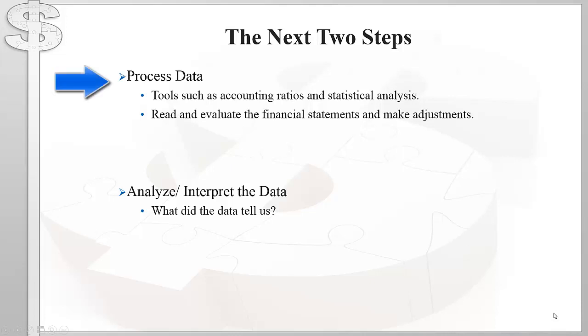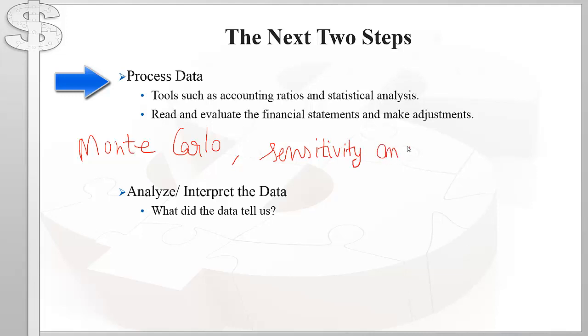The next step is to process the data. In order to process the data, we can use a variety of methods, such as the Monte Carlo simulation, sensitivity analysis, or any other method that we think is appropriate.